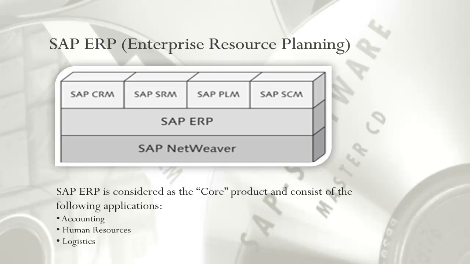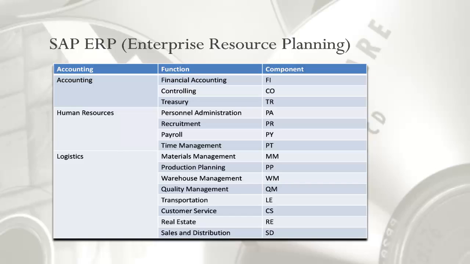The primary applications within the SAP ERP suite are for accounting, human resources, and logistics. In the upcoming slides, you are going to see how these applications break out to form the ERP core product. This table represents the SAP ERP component of the SAP Business Suite, and it is segmented across the enterprise platform.